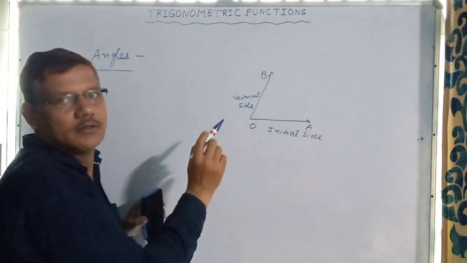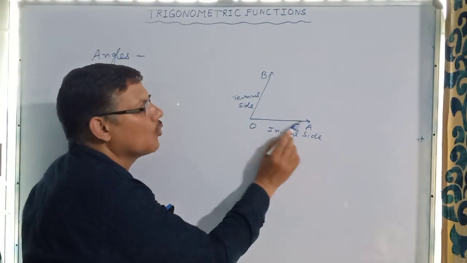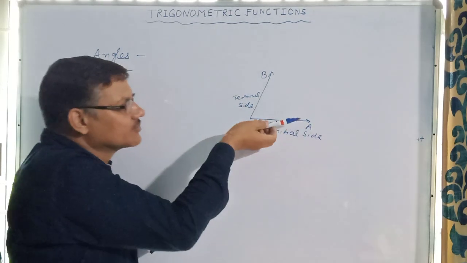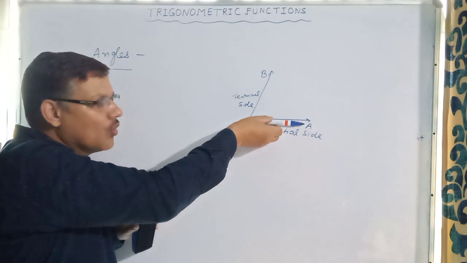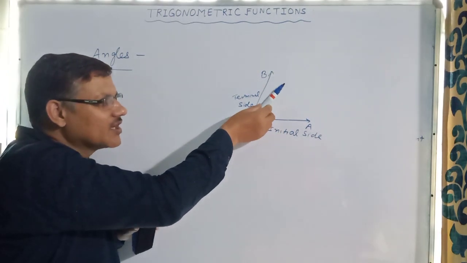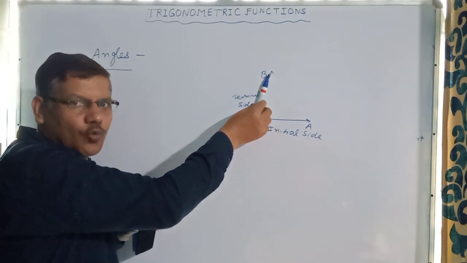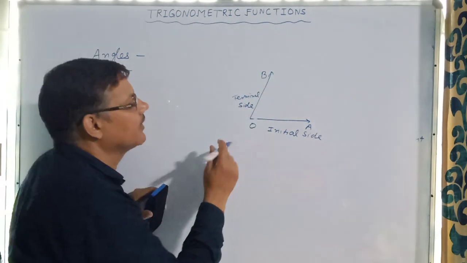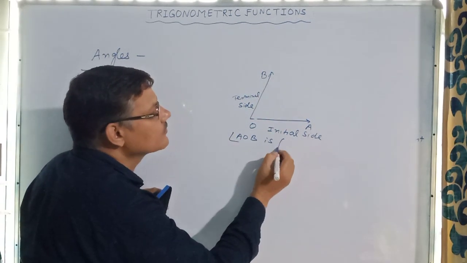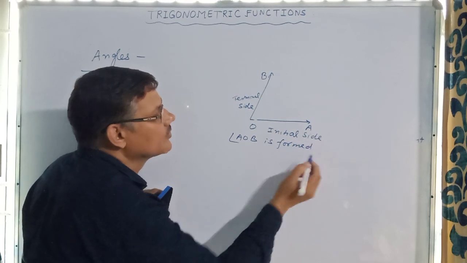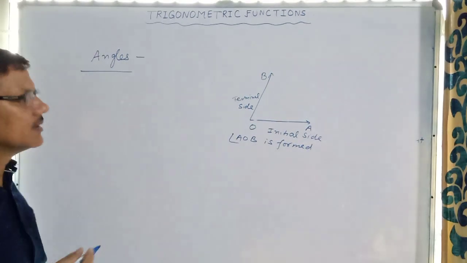So when the initial ray OA rotates about its end O to get the terminal or final position OB, then we say angle AOB is formed.